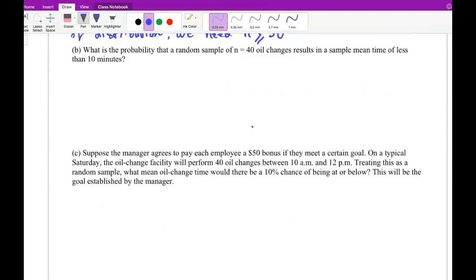Okay, now part B: what is the probability that a random sample of n equal to 40, so the sample size is 40, results in a sample mean time of less than 10 minutes? So we are finding the probability when x bar is less than 10.